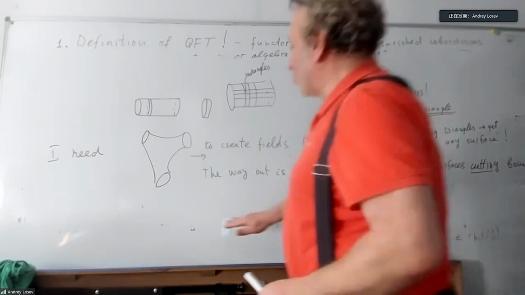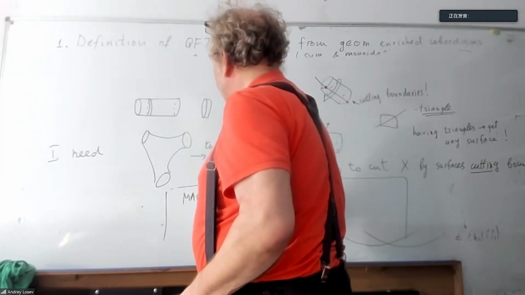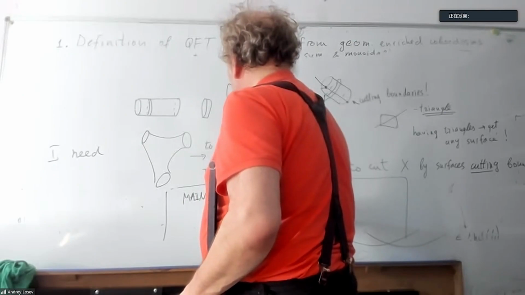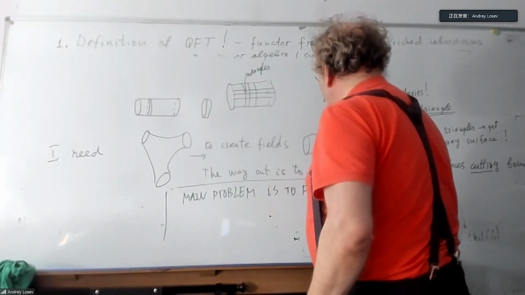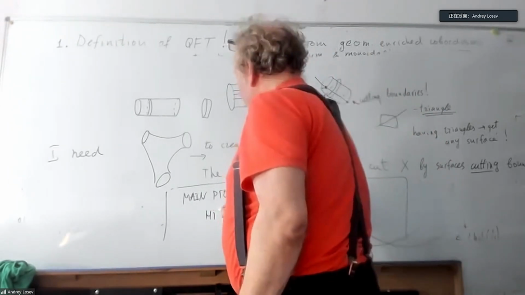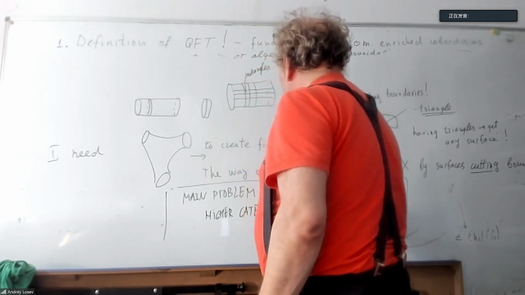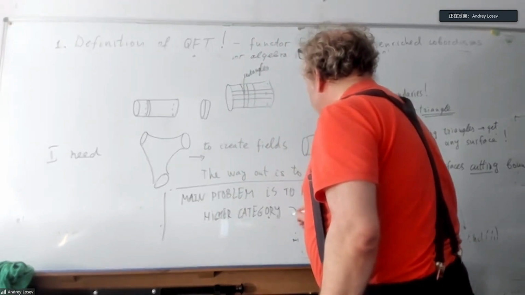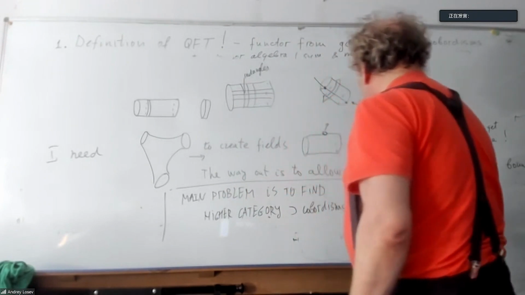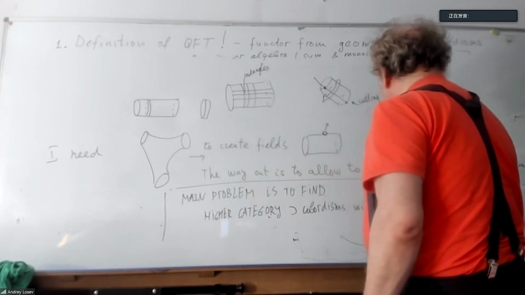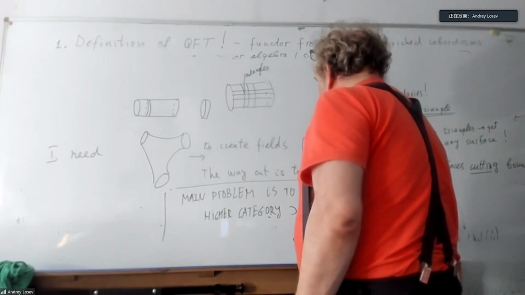So, main problem is to find higher categories. That includes cobordisms with boundaries. Cobordisms, here I say geometrically enriched.